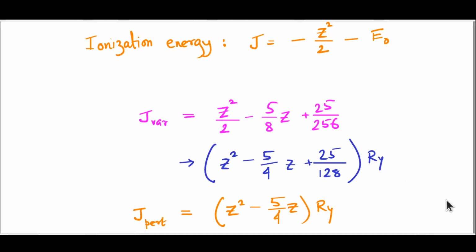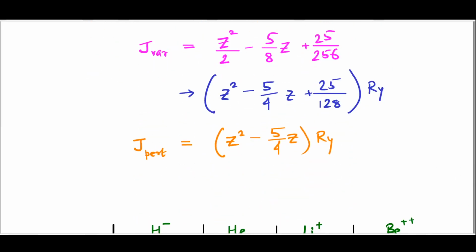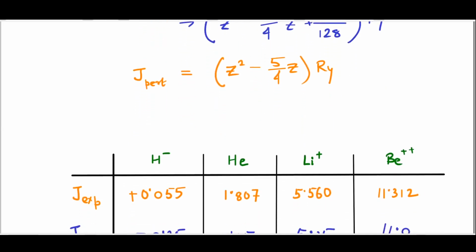Remember, helium-like systems are systems which have one single nucleus and 2 electrons. So you could have H minus, the neutral helium atom, lithium plus, beryllium double plus, and so on. And the table below gives a comparison of these data.